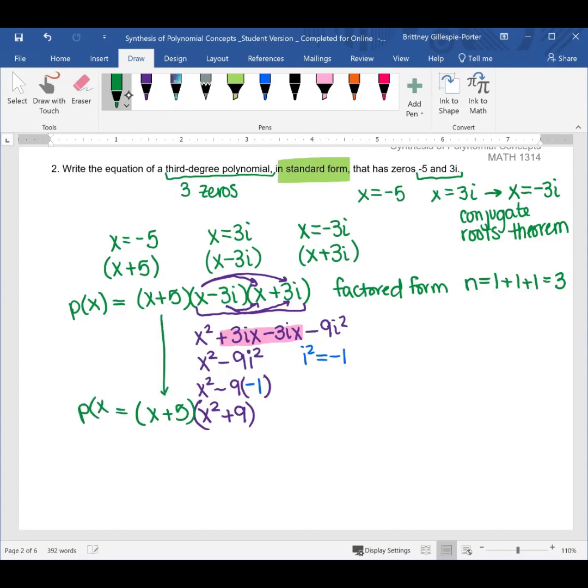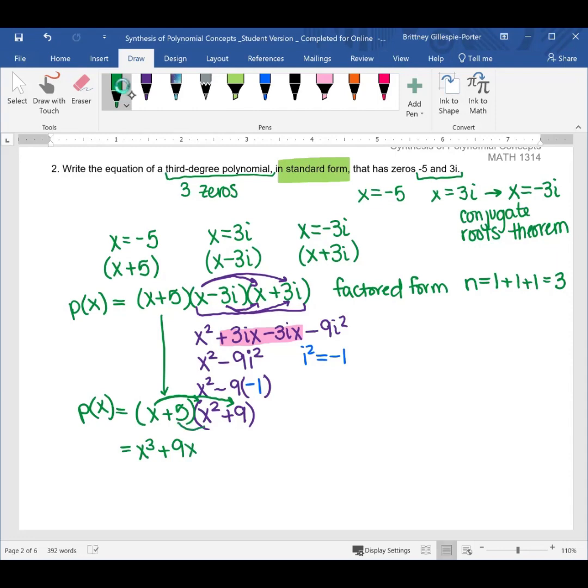We're almost there, but we're still in a factored form because we still have multiplication and parentheses. So let's go ahead and do the multiplication again. X times x squared gets us x cubed. X times 9 gets us plus 9x.